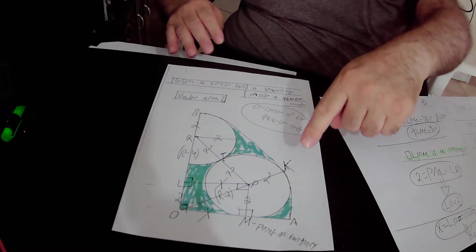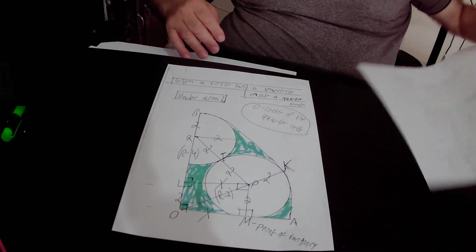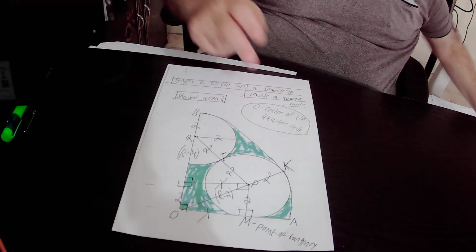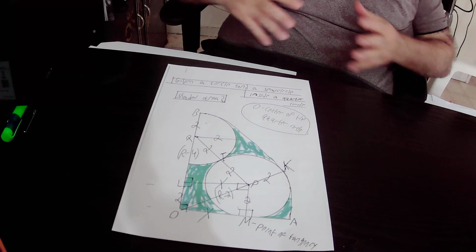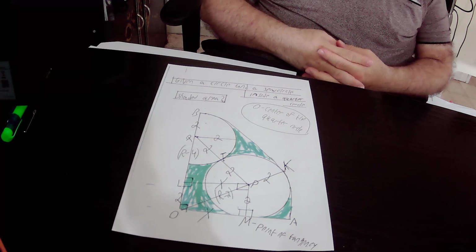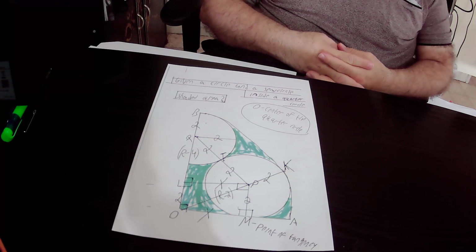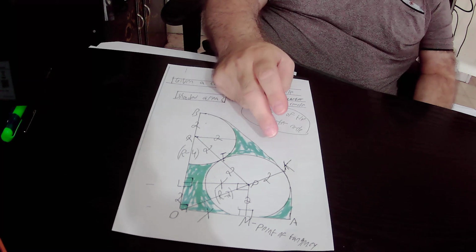Then we focus on point K. Point K is the touching point between the circle and the quarter circle. So here we have an internal tangency between the circle and the quarter circle.